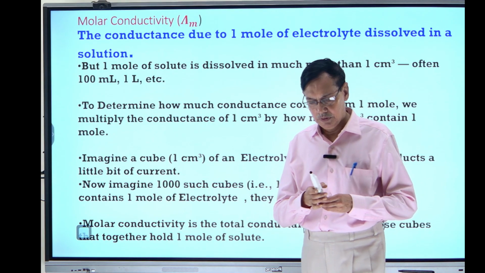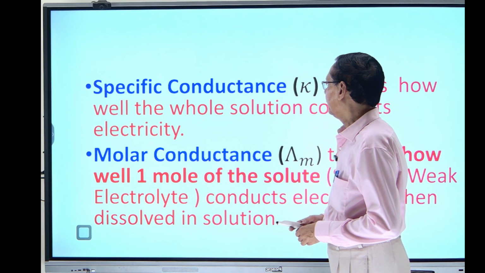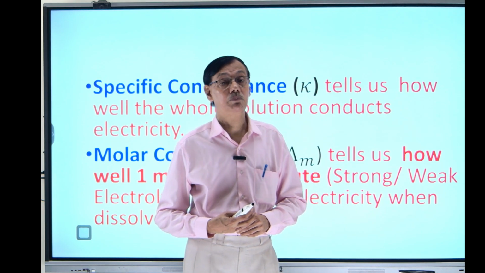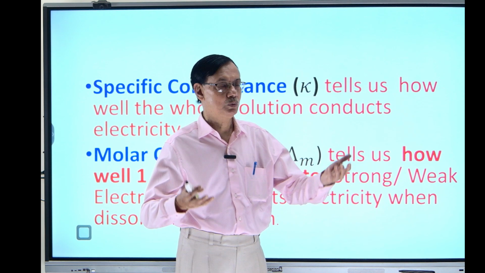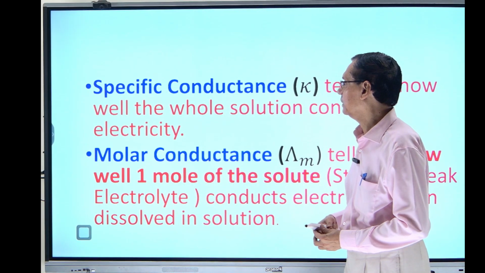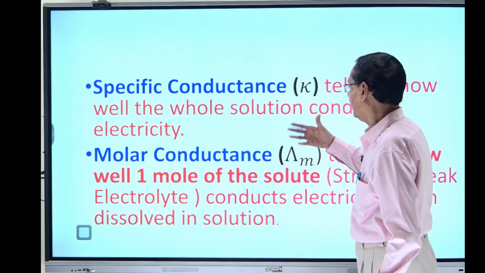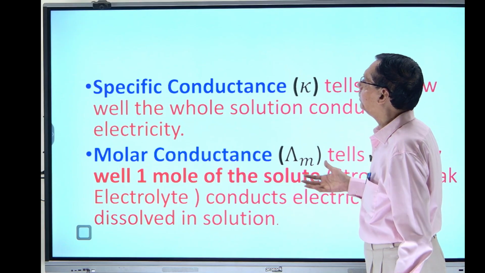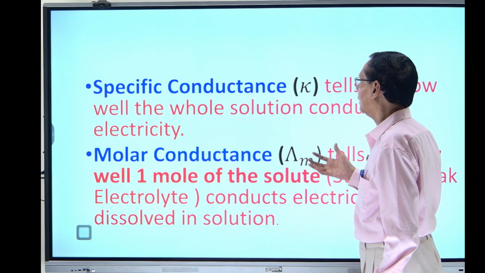Is it clear? Now the last part I am coming to, the effect of dilution. It's a very important thing. Although from the school levels you are learning all those things, again I am just repeating this. The specific conductance tells us how well the whole solution conducts electricity.